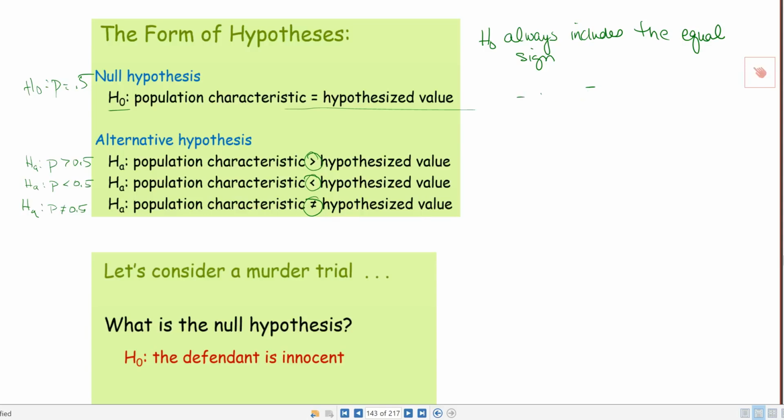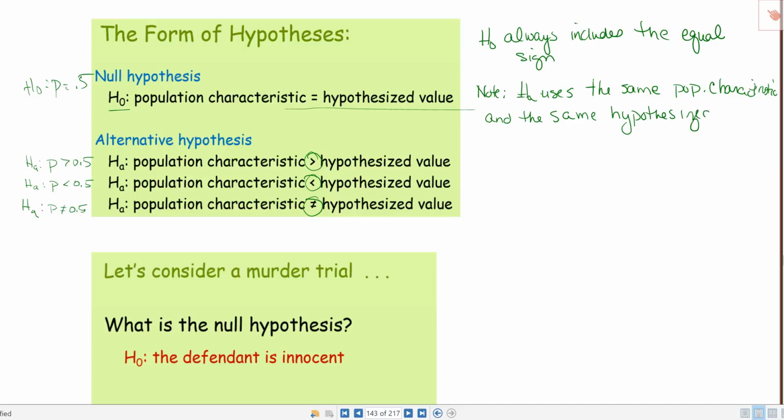Okay. So, things to note. The alternative hypothesis uses the same population characteristic and the same hypothesized value as the null hypothesis.